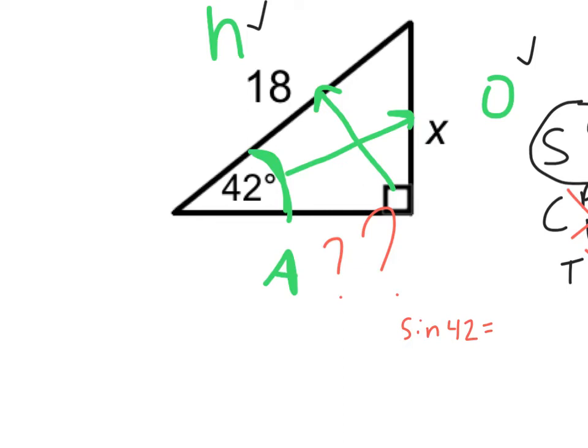Your opposite was x, and your hypotenuse was 18. The sine of 42 is really over 1, because anything by itself is really over 1. So now we cross multiply.